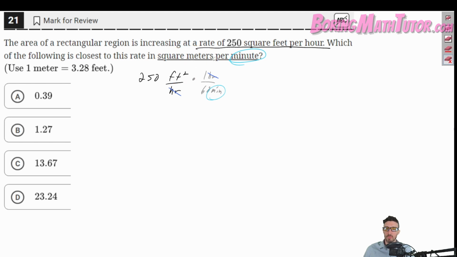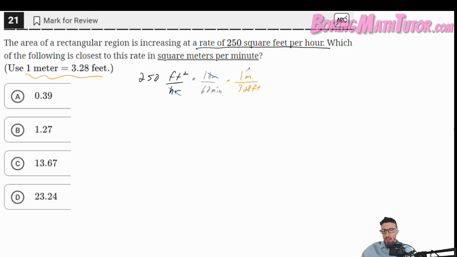We got to that unit so far, but we still need to get to this other unit of square meters instead of square feet. Okay, so what's the trick? Well, they actually are telling you that 1 meter is about 3.28 feet. So if I want to cancel out the feet, I want to put that on the bottom, 3.28 feet. And I want to put the 1 meter up top. But is this going to do it?